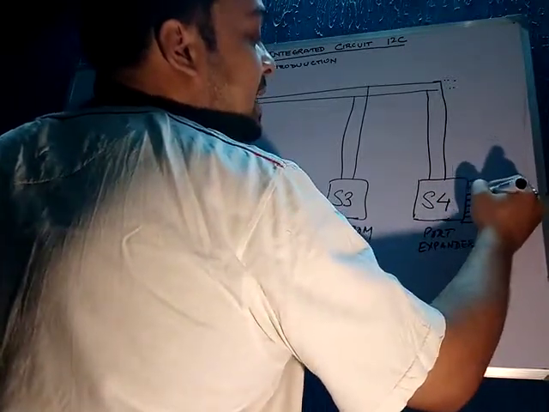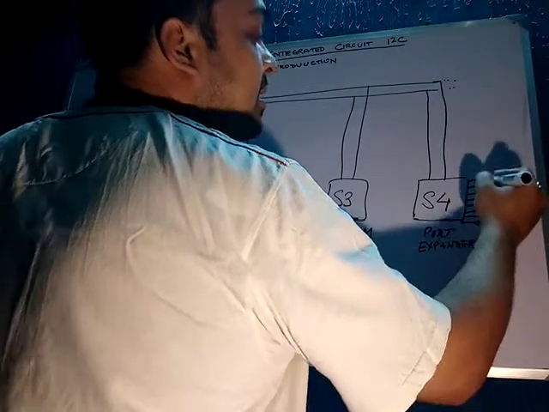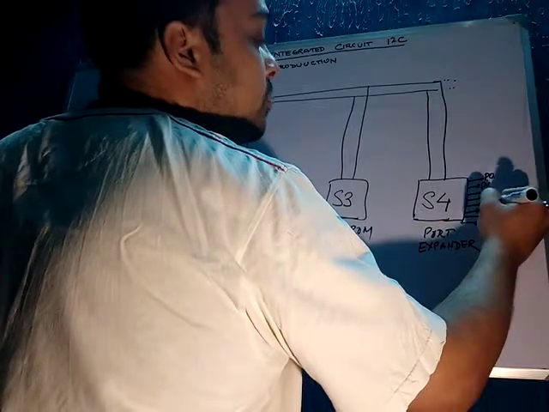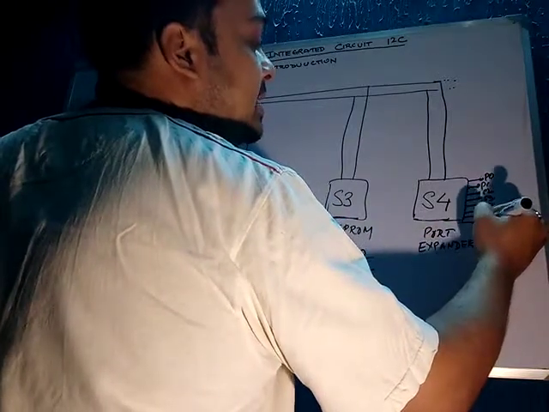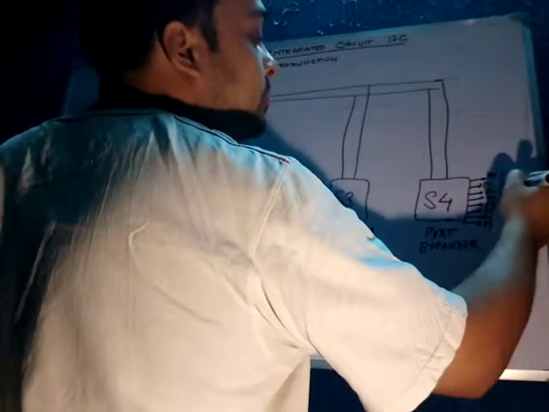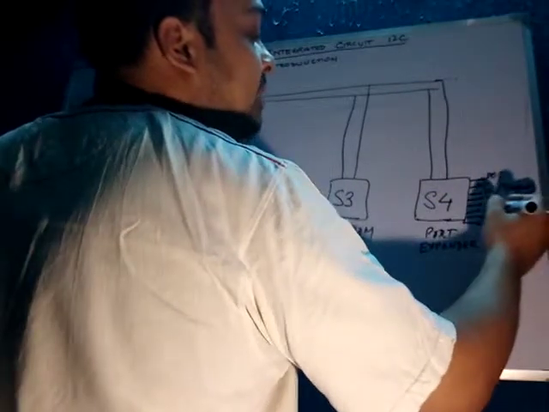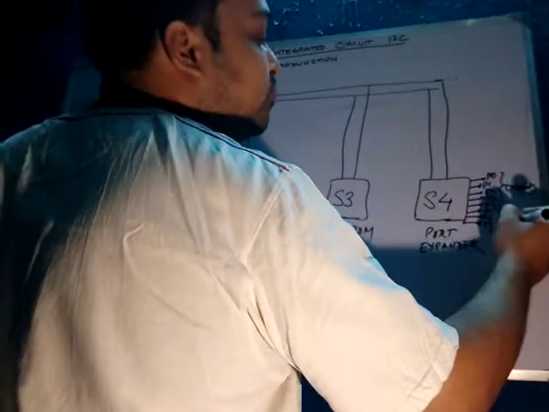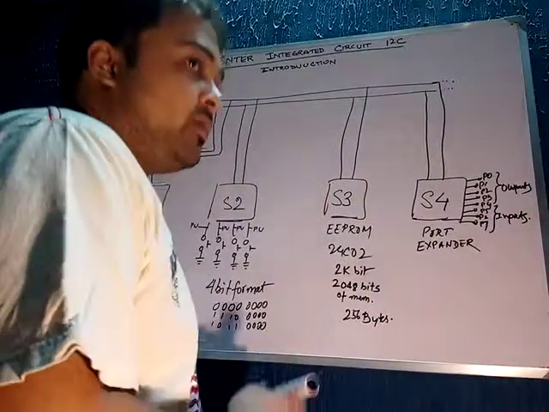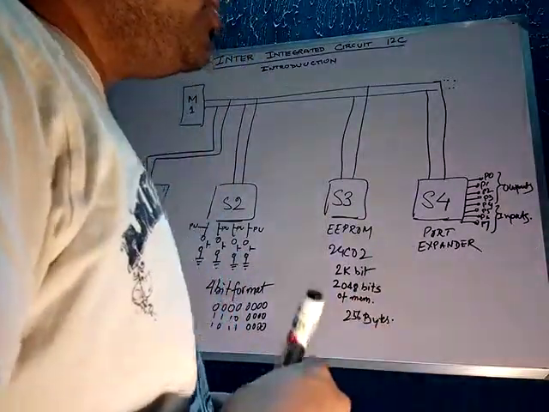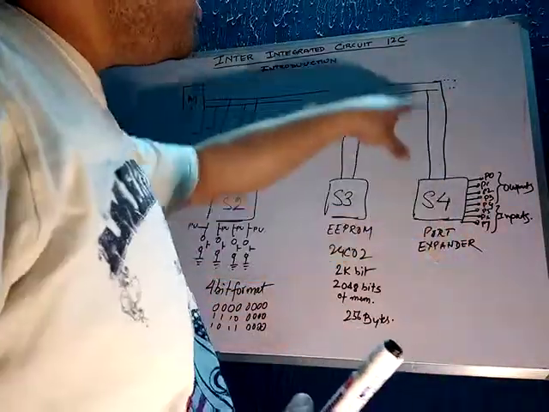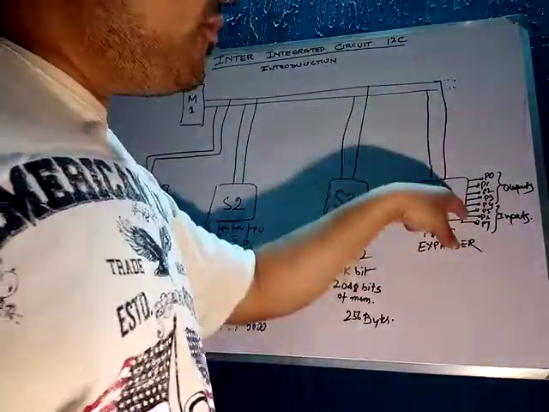Out of these 8 pins, P0, P1, P2, P3, P4, P5, P6, P7, some, say 4, are outputs, and these 4 are inputs. Input meaning you can connect some wires over here. You can drop in 5 volts. If you drop in 5 volts, then it will send a 1. If you drop in 0 volts, it will send a 0.